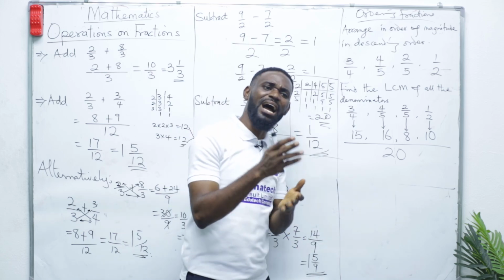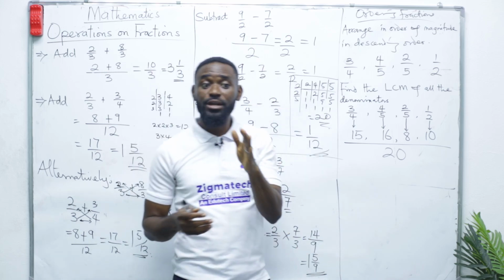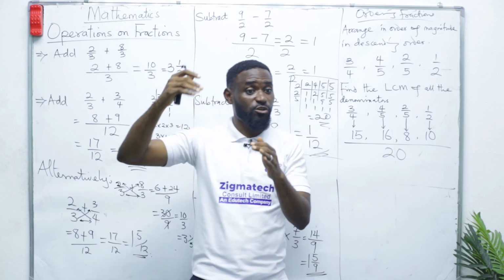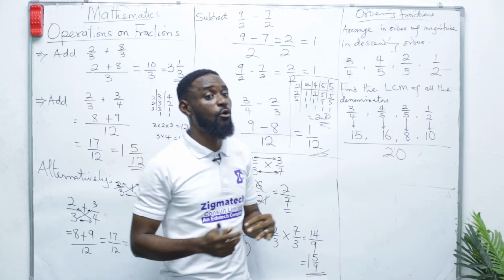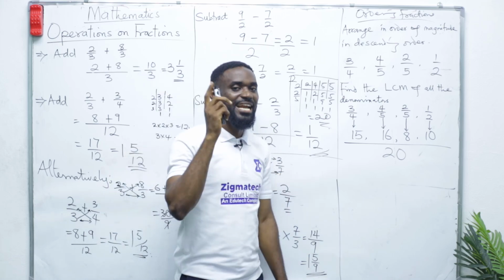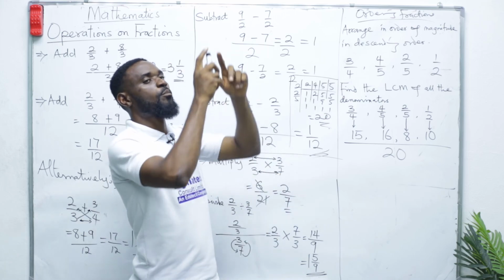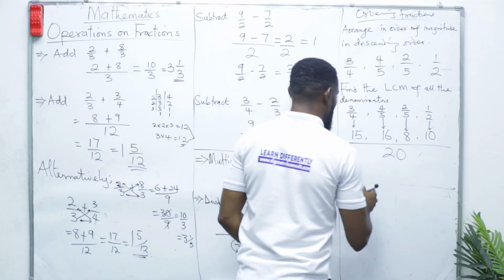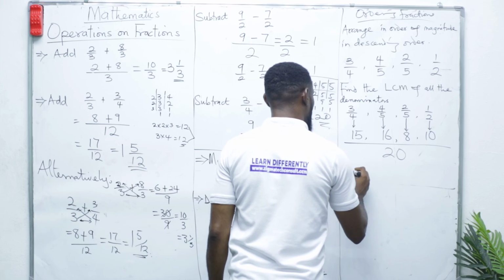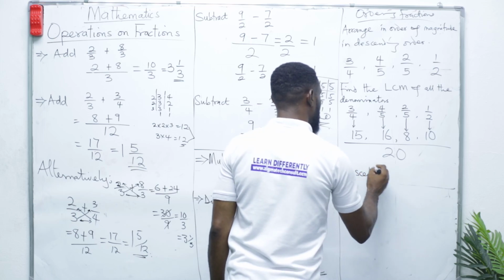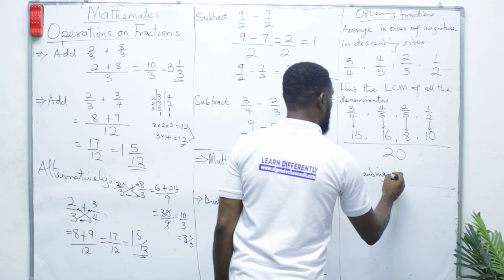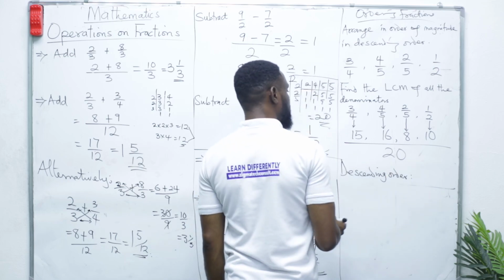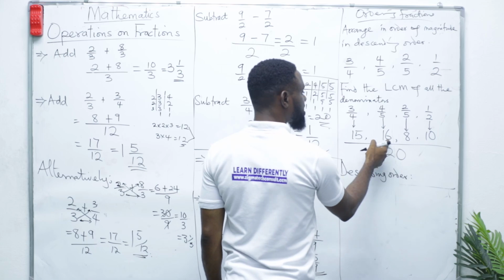So they say we should arrange these in order of what? Magnitude, in descending order. Arrange the following fractions in descending order of magnitude. And I told you descending means from up to down. So our first one there in descending order, we have 16 is the highest.